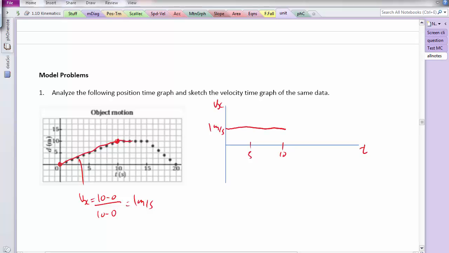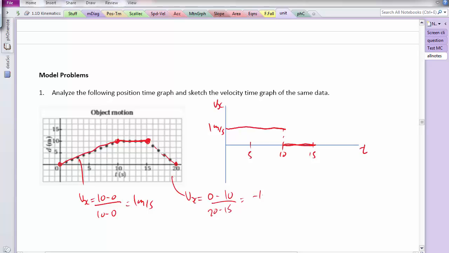Then over here we have a slope of 0. It's a flat line. So for the next 5 seconds up to 15, we would jump down to 0. And over here we would have negative velocity because we have negative slope. So to calculate the velocity there, we would have v_x final is 0 minus initial of 10, divided by final time of 20 minus 15.